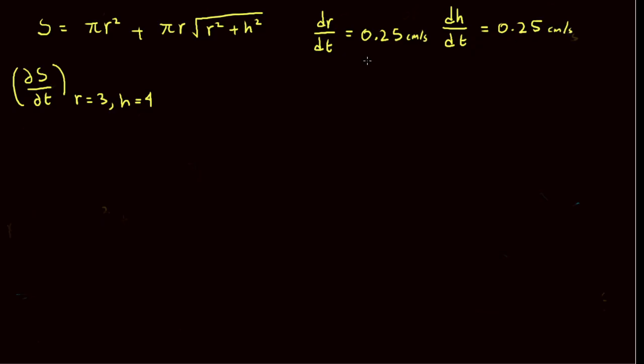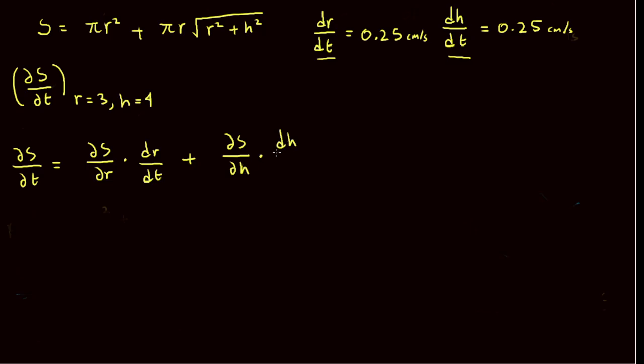That's the rate of change of radius and the rate of change of height with respect to time. So for del S del T, it's simply del S over del R times dr dt plus del S del H times dh dt.